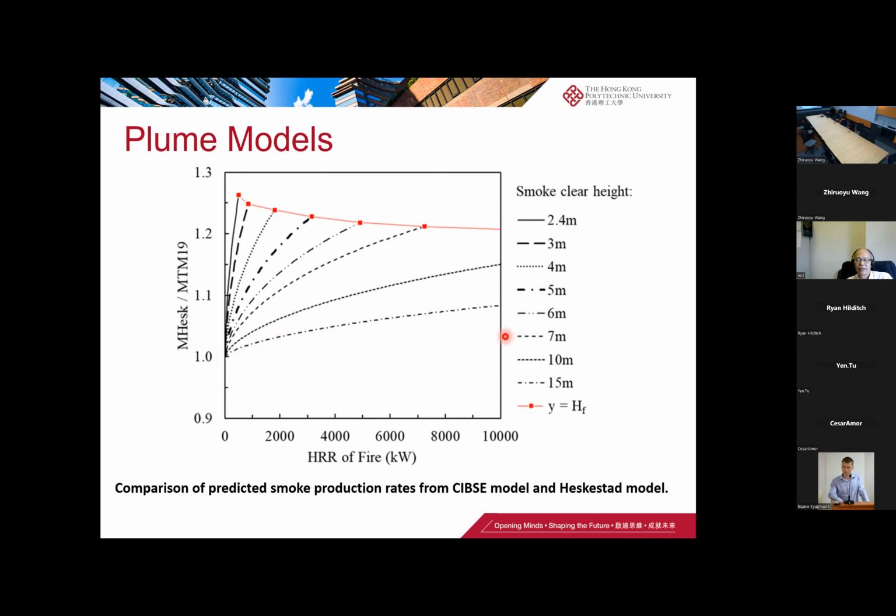But in reality, for all the smoke clear heights, for all the fire heat release rates, the Hesse-Kassett model gives a conservative assessment. We say it has a higher smoke production rate, so we need a higher smoke extraction system. So this gives conservative results.